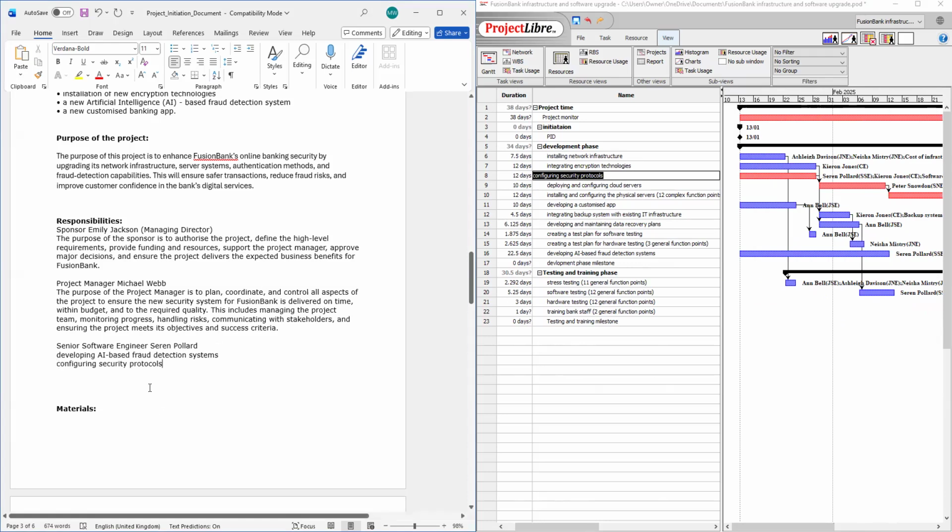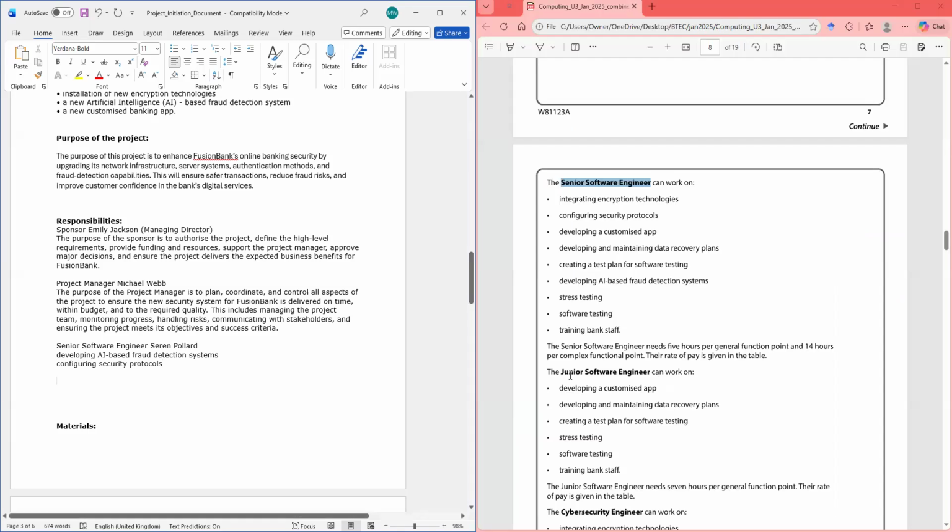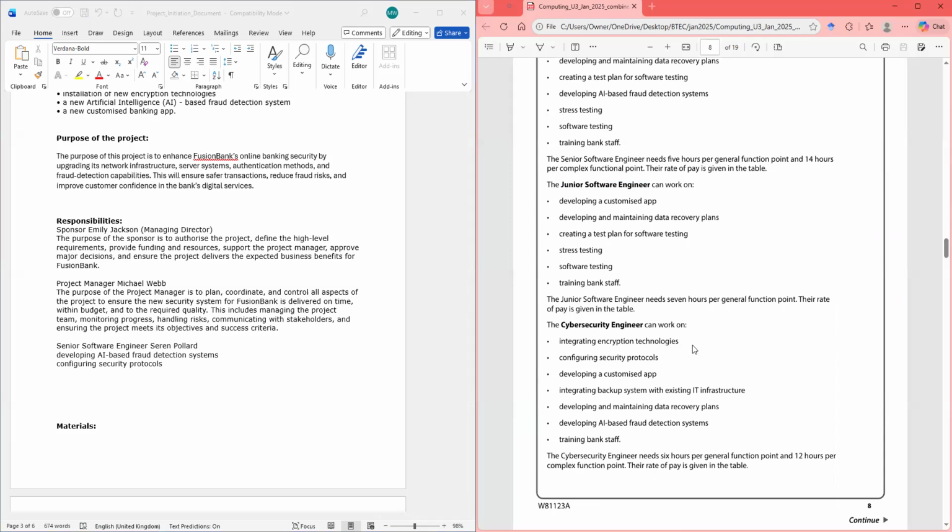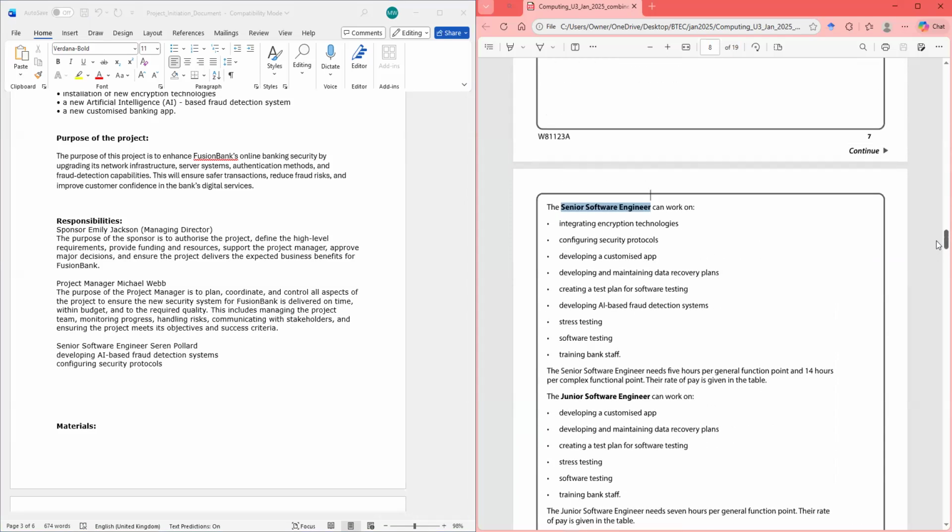All right. So that's my senior software engineer. Then the next one would be my network engineer. All right, let me just copy them over, all of them first. So I'm going to do seniors first. Let me just copy these over.